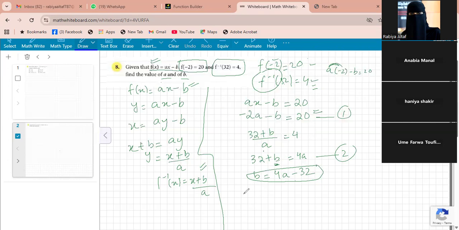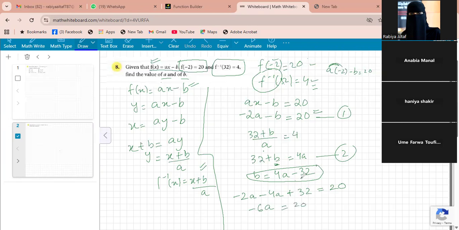Equation 1 is minus 2a minus, in place of b, I will write 4a minus, minus plus 32 equals 20. Now just solve this whole equation and find the value of a. This is too easy. Minus minus plus, this will be 6a equals 20.